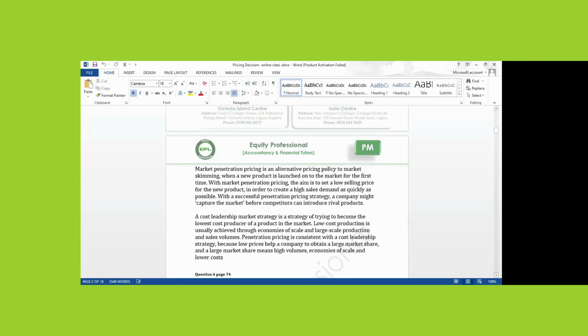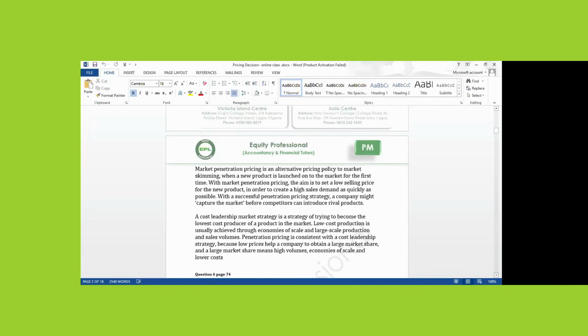The company should be able to produce at the lowest production cost. You can achieve this by working towards economy of scales, or by doing what we call large scale production.